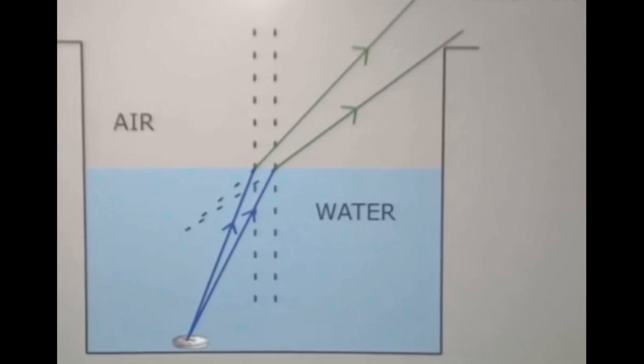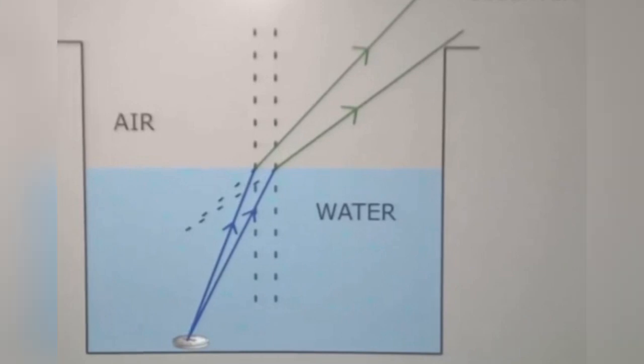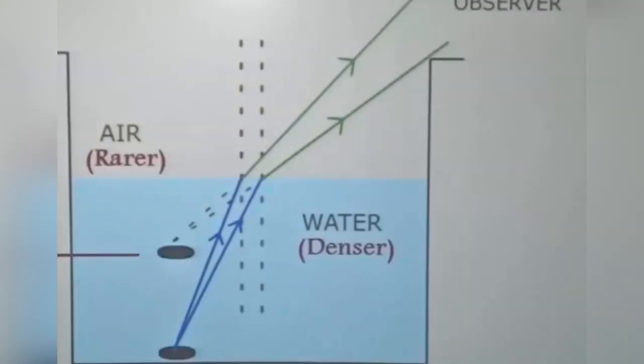Hence, we need to produce them backward to obtain the straight line path. When we do so, we obtain a position where the rays appear to come from, and at this position the observer sees the image of the coin.